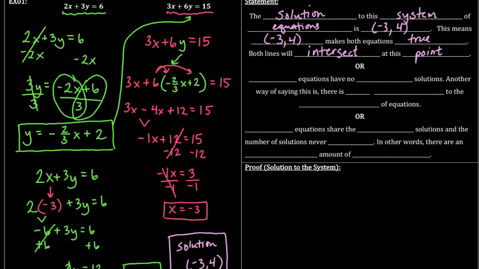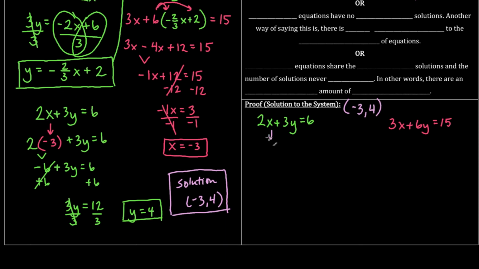All right, so let me copy these down. So this one's 2x plus 3y equals 6, and the other one is 3x plus 6y equals 15. Now remember, the common solution that they have is negative 3, comma 4.